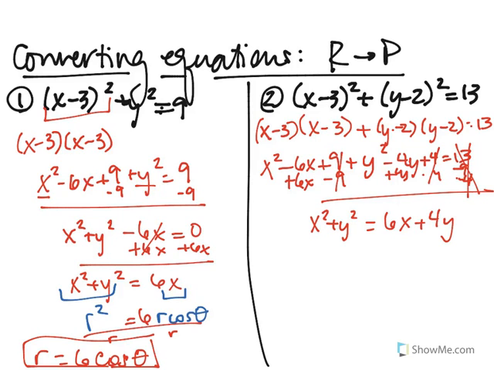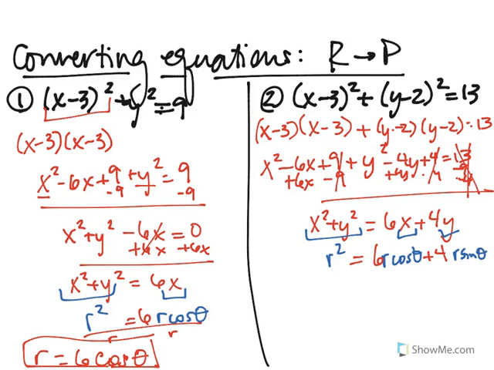Now it's time to replace. X squared plus y squared is the same thing as r squared. X is the same thing as r cos theta, and y is the same thing as r sine theta. Everything else stays the same. My equal sign stays the same, my 6 stays the same, my plus and my 4 stay the same.